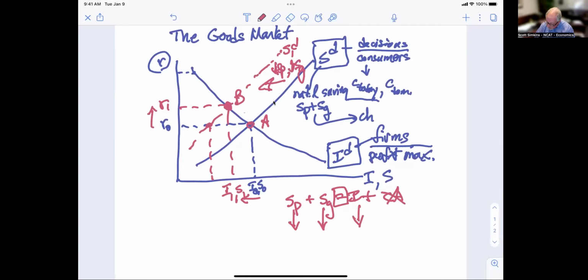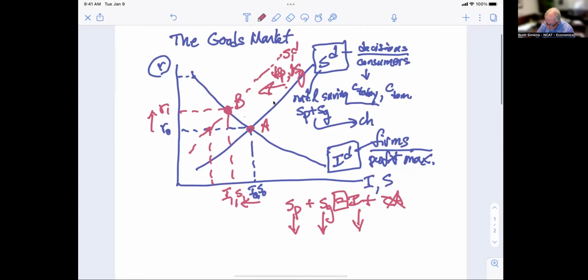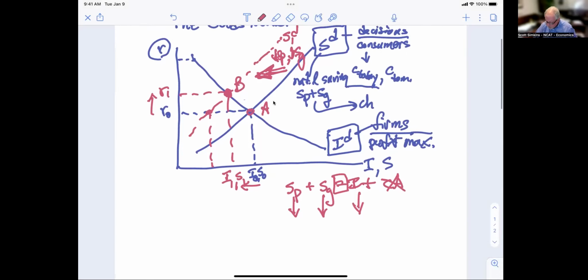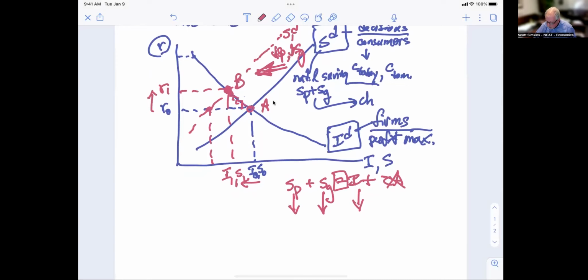Well, now we can see what's going on, right? As private saving or government saving goes down, that's this leftward shift in the desired saving curve, which raises the interest rate, which then makes it more expensive to borrow, which leads to lower investment, which is a move along the desired investment curve. In other words, increased budget deficits could crowd out, right?